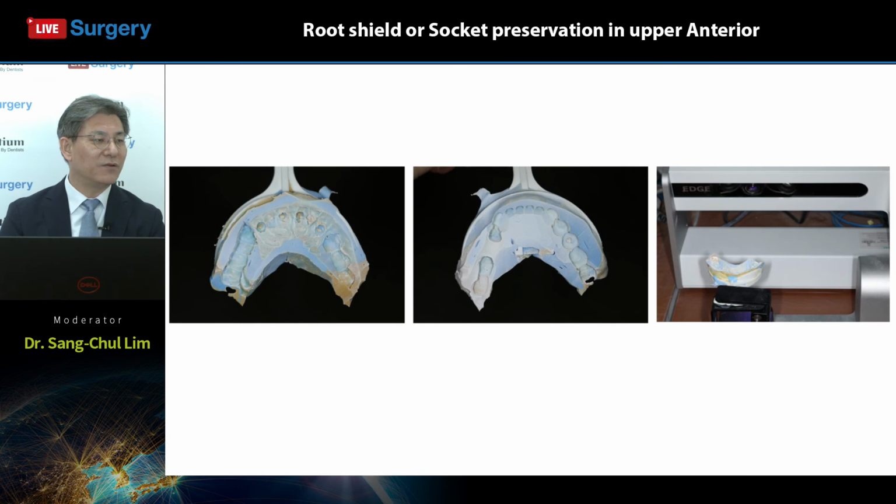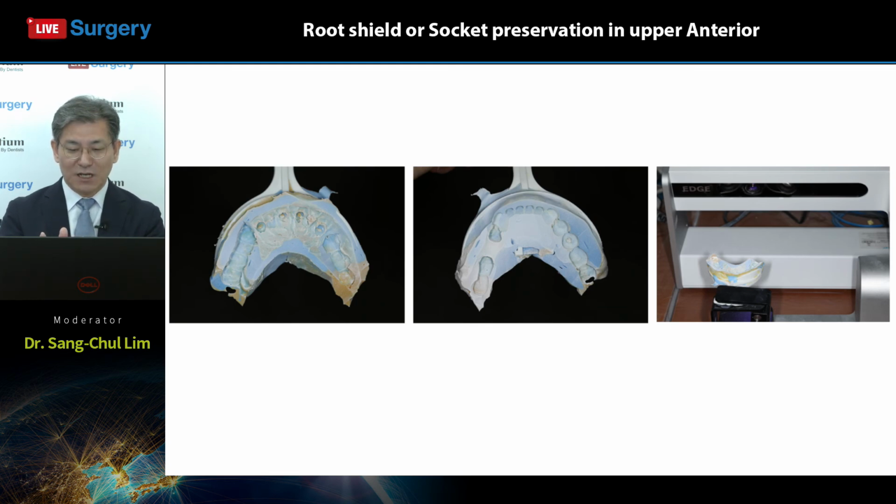Take the impression, trimming, and into the model scanner, and then we can get the digital files like the intraoral scanner. So what is the big difference? The intraoral scanner directly scans the patient's mouth. Sometimes this one is easier and faster, but sometimes, unfortunately, this one makes some noise or inaccurate parts.